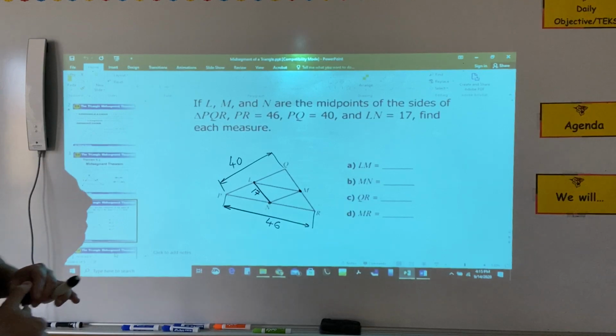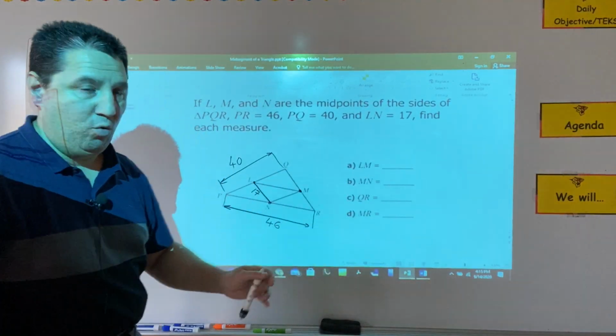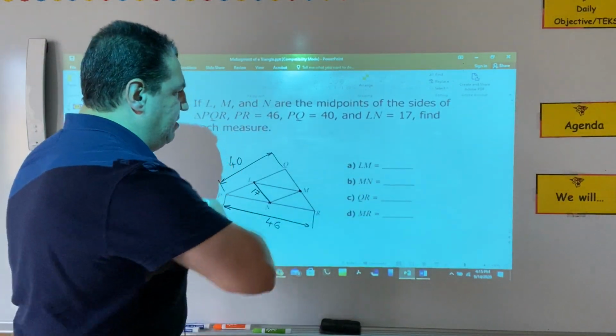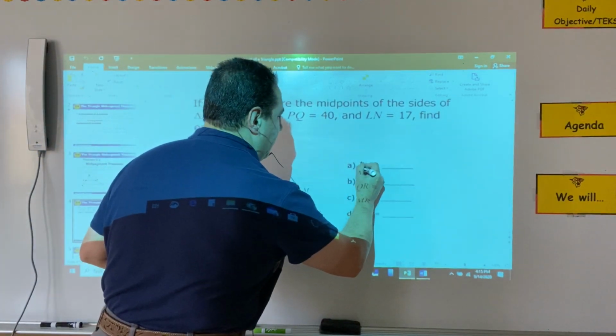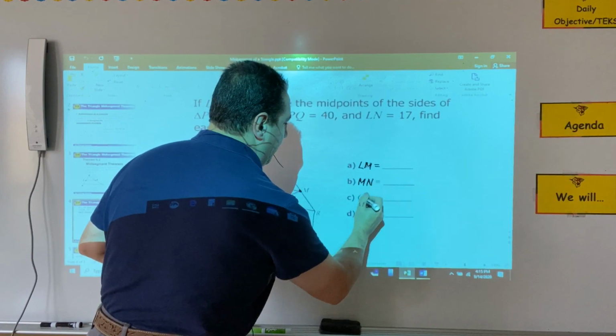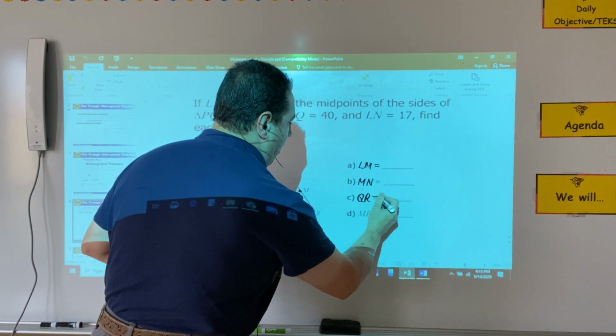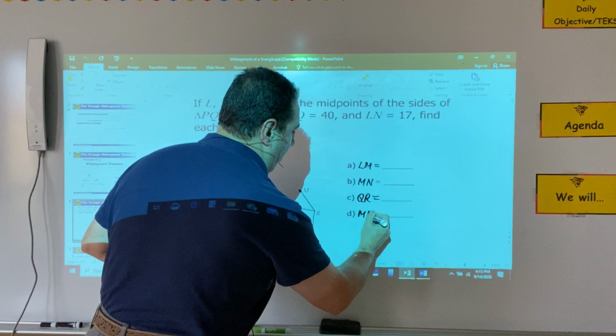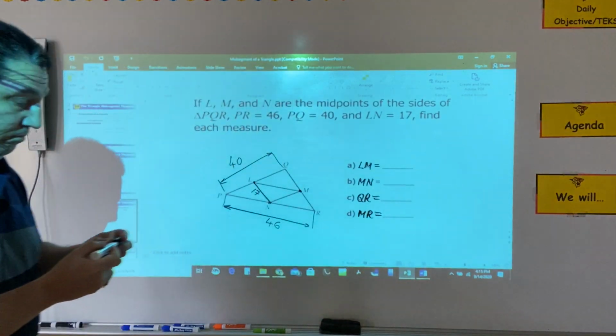Find each measure, right? So we need to find LM, MN, QR, and MR.